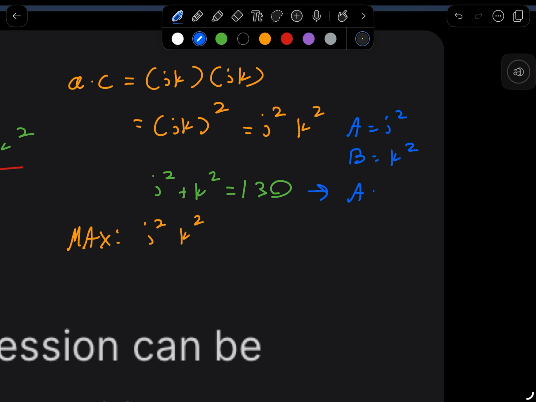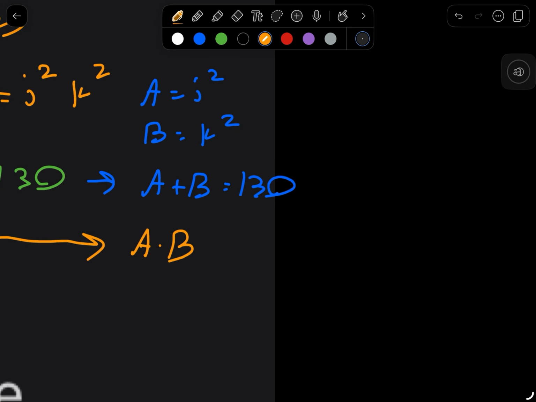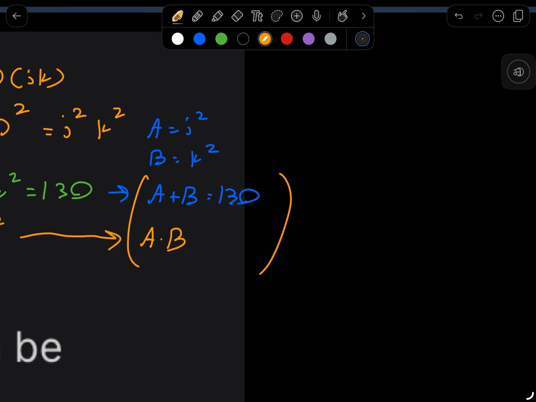So that becomes a plus b equals 130, and here that becomes a times b. In my opinion, this is much easier to look at now. How are we going to maximize a times b?